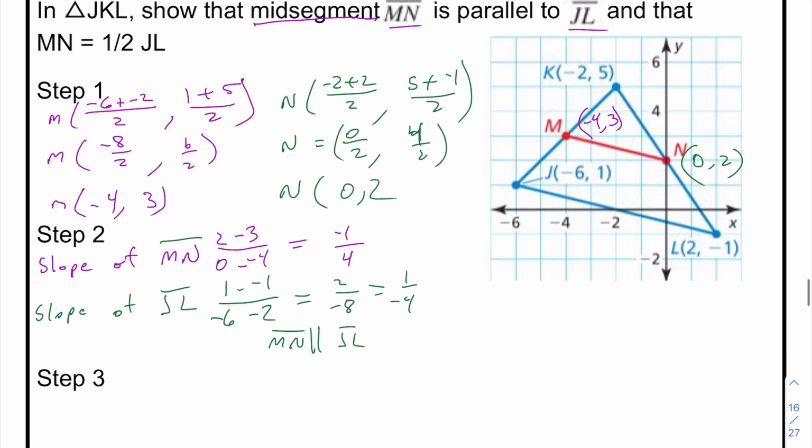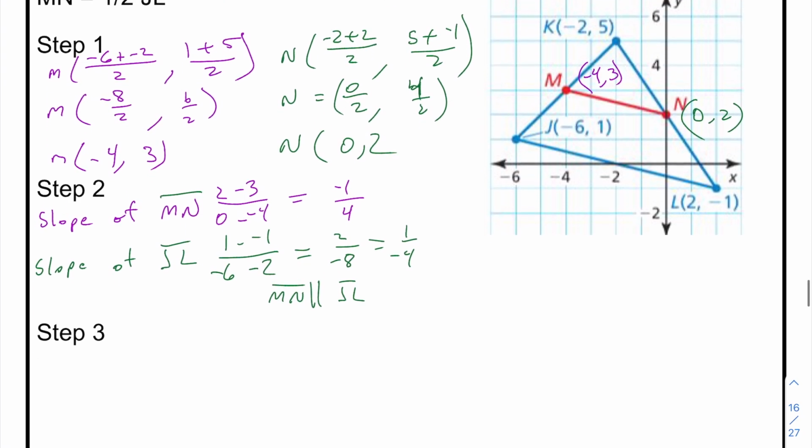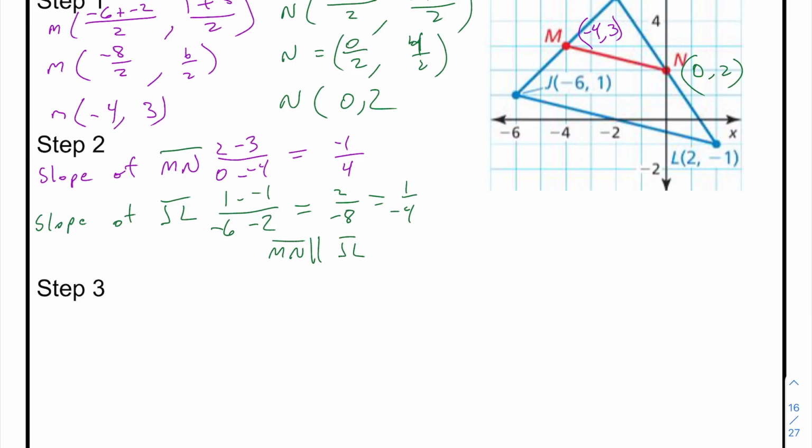So now let's show that MN is half of JL. And we're going to do that by the distance formula. So let's find MN first because, well, why not? So MN equals the square root of 0 minus negative 4 squared plus 2 minus 3 squared.